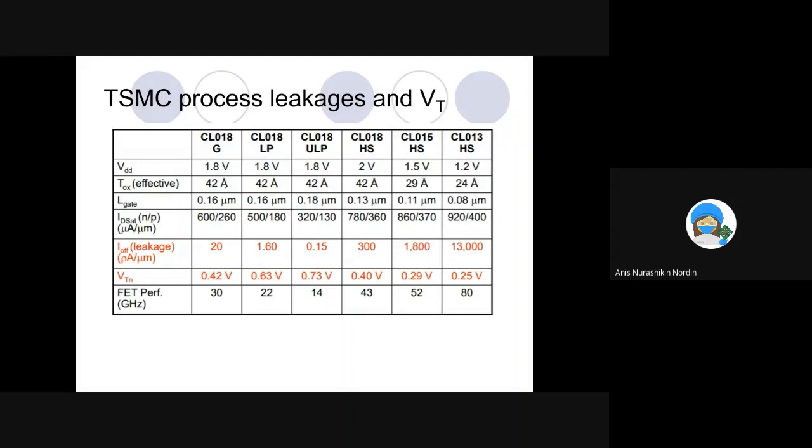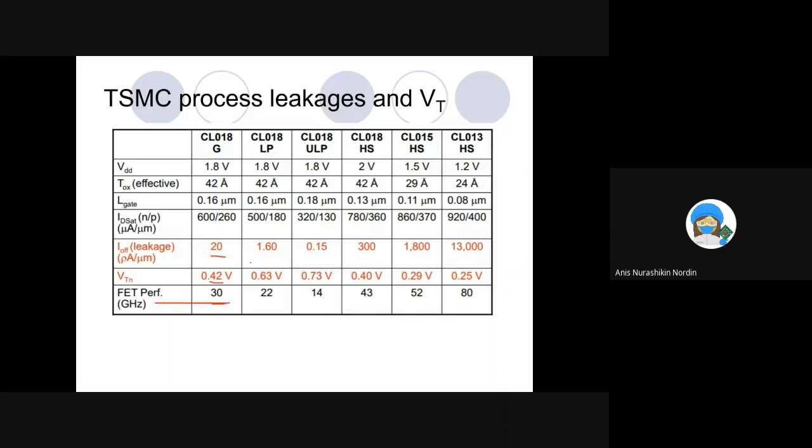Angstrom is 10 to the minus 10 meter. The gate length is 0.16 micron. The saturation current is 600 over 260 microampere per micrometer. Leakage current is 20. Threshold voltage is 0.4. This is the frequency, 30 gigahertz.